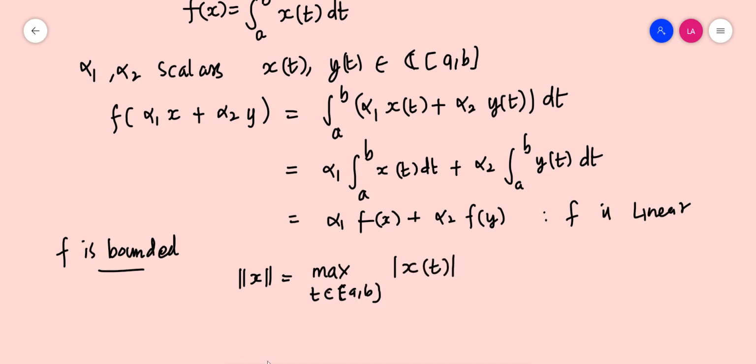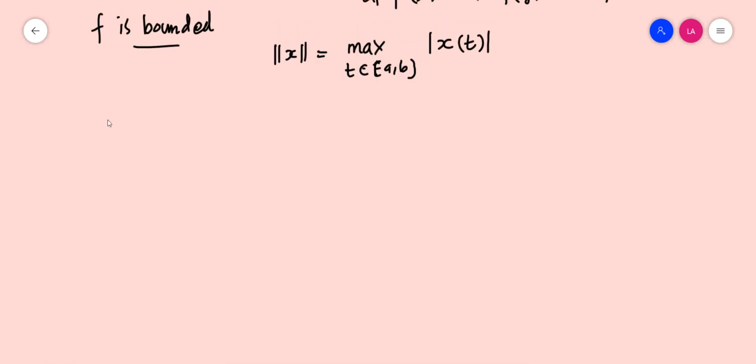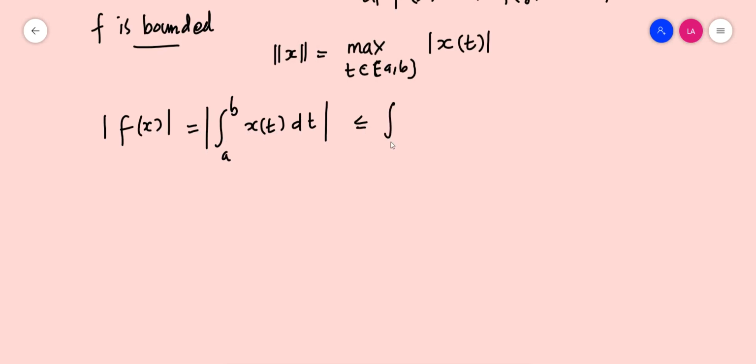This is actually the norm. So modulus of f of x is equal to, by definition, modulus of integral a to b x of t dt, which is less than or equal to the integral of modulus of x of t dt by the basic properties of the integral.